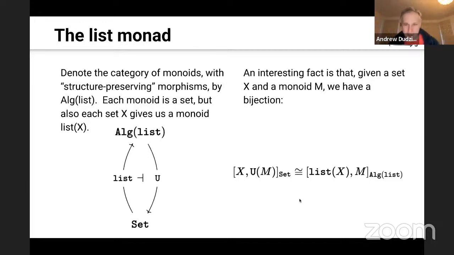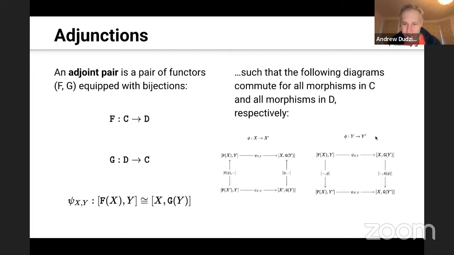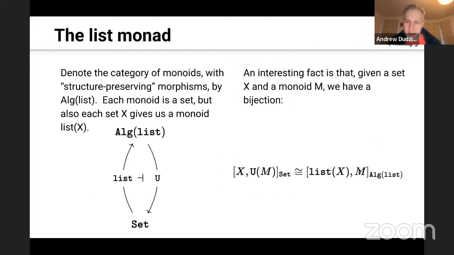It means that if on the right side, if I want to know where a list goes, then I only need to know where the 1-element lists go. And then everything else is forced by the fact that I said it has to be structure preserving. It has to send the concatenation to the monoid operation, whatever you want to call that, multiplication or something.